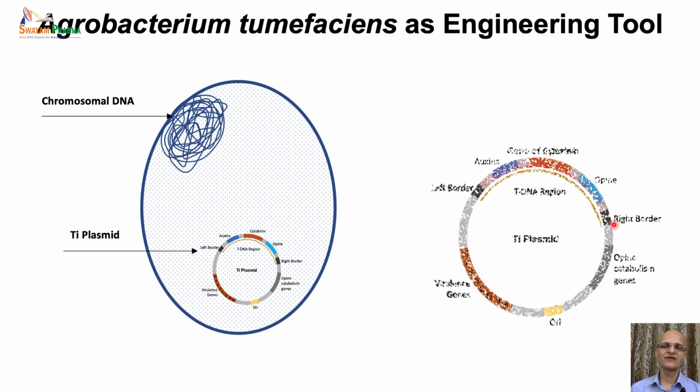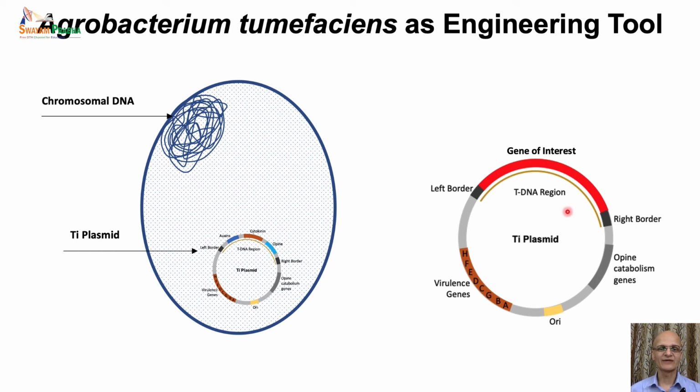Therefore, even if we replace this tDNA segment that has auxin, cytokinin or opine synthesis genes with any other DNA segment, non-specific DNA segments, or the DNA segments carrying the genes of interest or the desired genes that we want to transfer to the plant genome, Agrobacterium would not recognize this change as long as the left border and right border are intact.